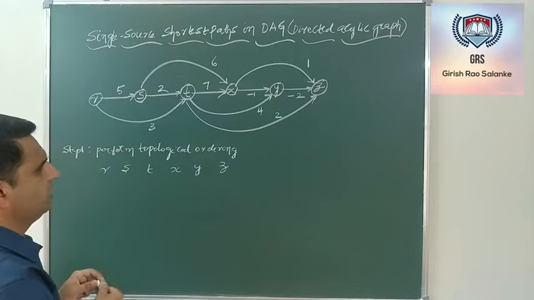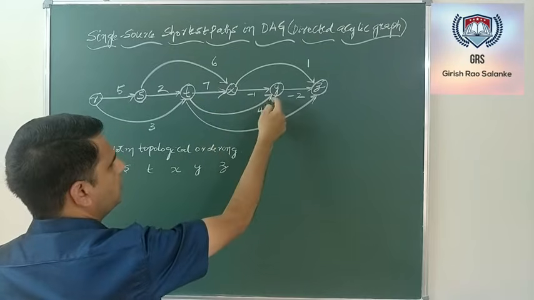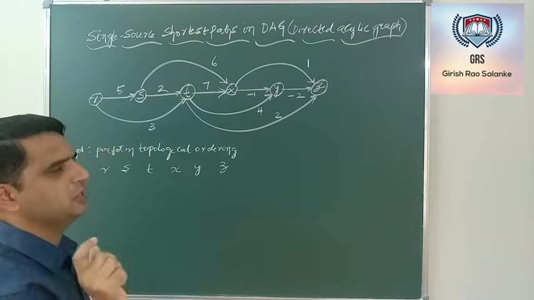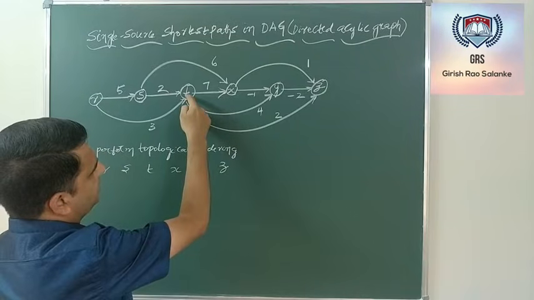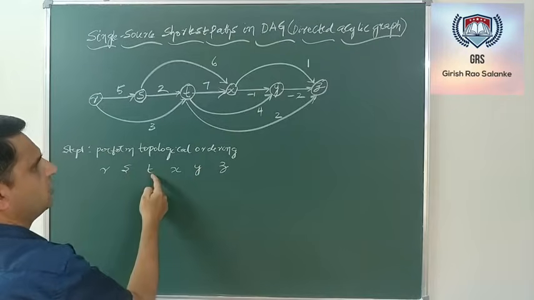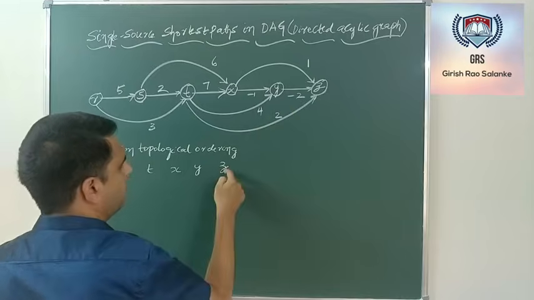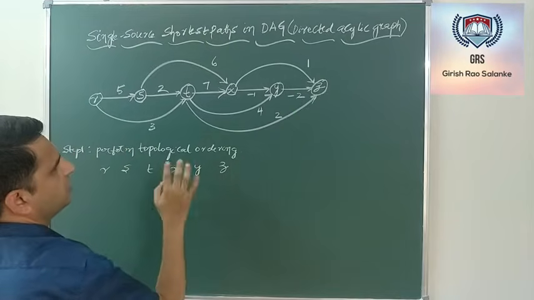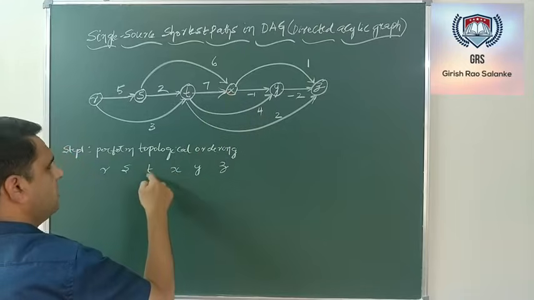Because if you see, there is an edge from T to Y. If you take any edge, that property should hold good. If there is an edge from T to Y, before placing Y, T should be placed. So T is placed. There is an edge from T to Z, so before placing Z, T should be placed. There is an edge from T to X, so before placing X, T should be placed.